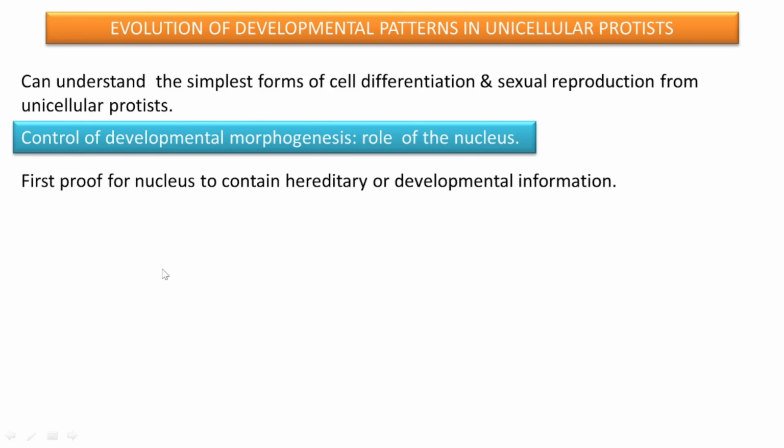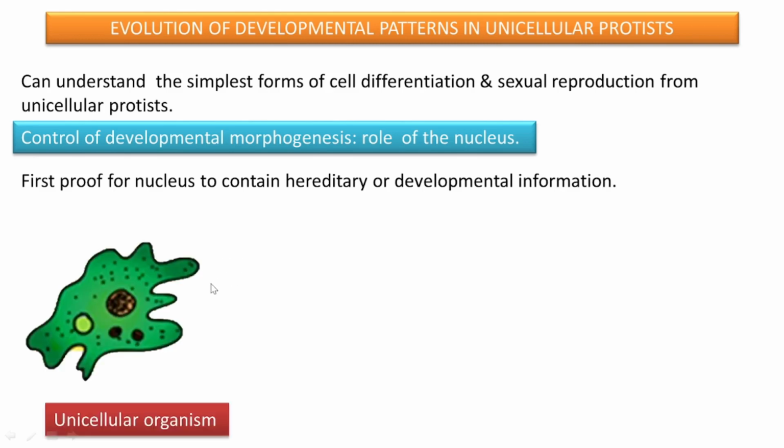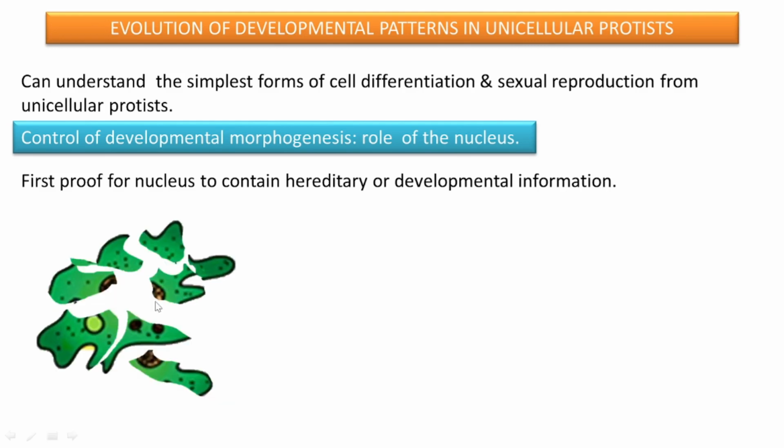For all those experiments, scientists took simple unicellular organisms and they fragmented those organisms. We know that as a unicellular organism is fragmented, some fragments will get a portion of nuclear material and some didn't get any portion of nuclear material.